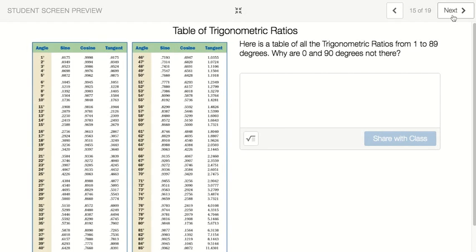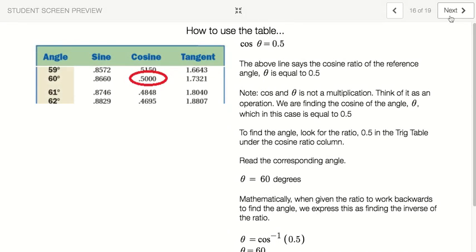Then they're showing you this trigonometric table. This is the old-fashioned way of figuring out the sine, cosine, and tangent of different angles, back when people didn't have access to computers, cell phones, or even scientific calculators. Then you're going to go ahead and read the table.